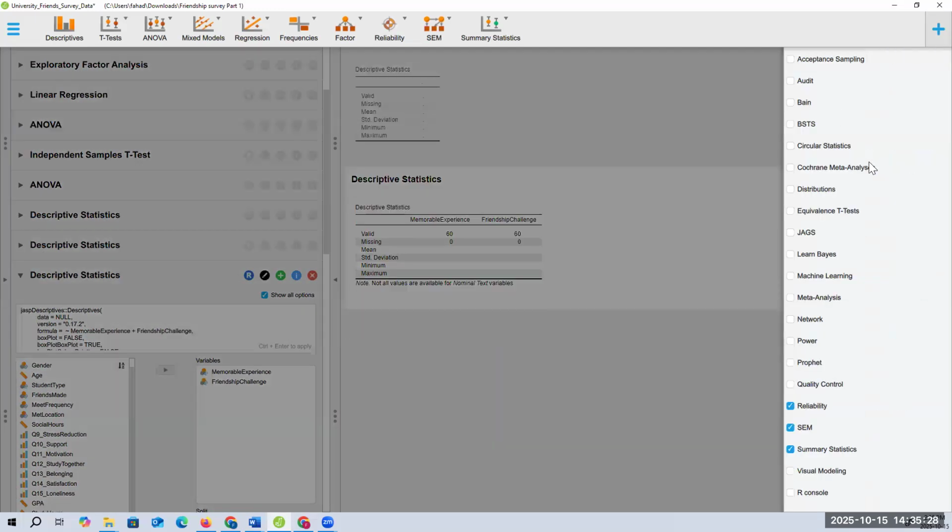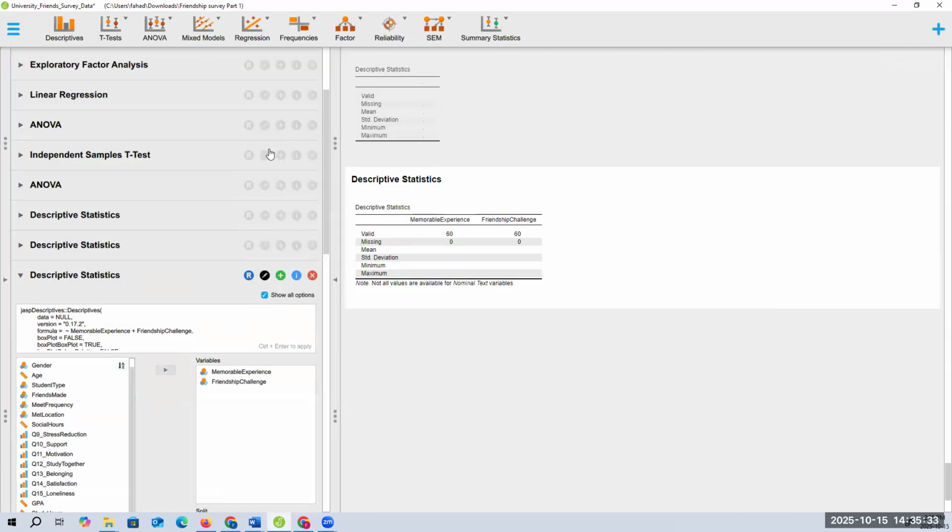Could I do it using one of these functions here? Let me just check the internet if there's a way. What I was hoping is that I could do a word cloud using word cloud in JASP.